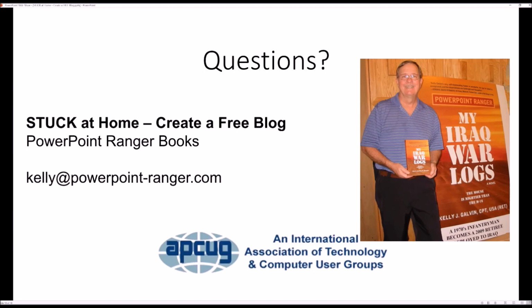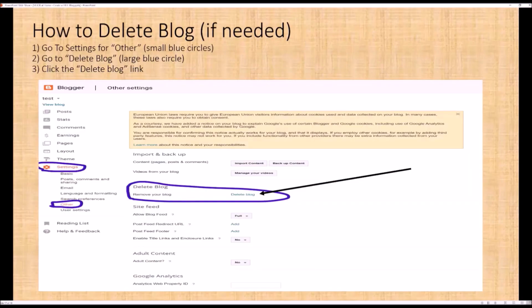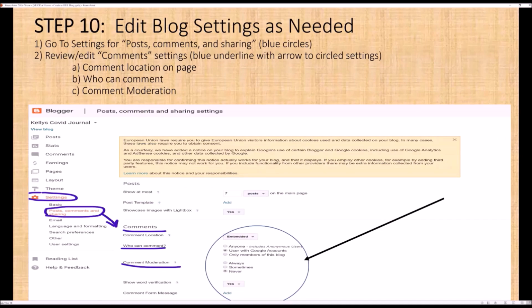Can you make a blog private for family members only? Yes. Let me go back there. Okay. Coming back to step 10, edit the blog settings. Who can comment? If you wanted to do that, you would choose the big circle right there in the middle.